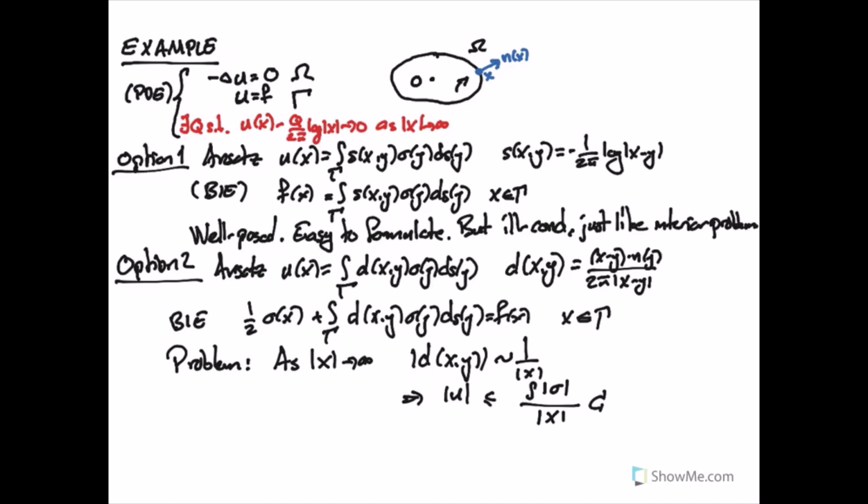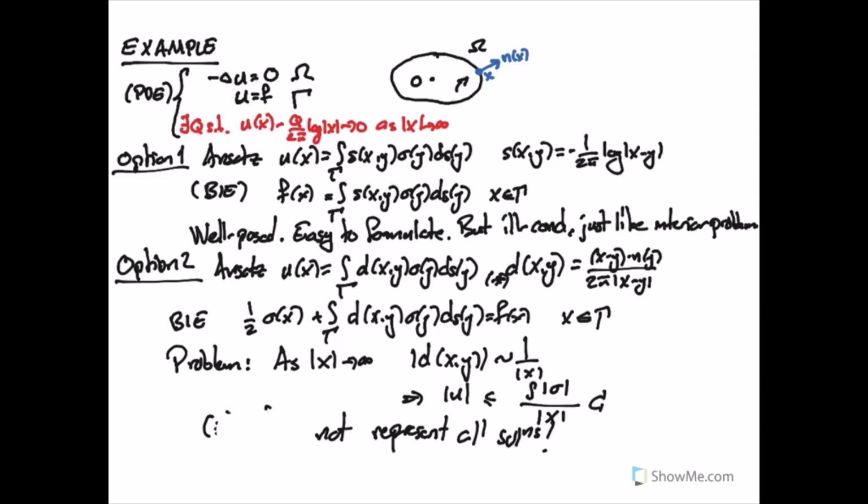So the problem here is that the star representation does not represent all solutions. Which is quite problematic, so we can't really use this. We have to do something different.